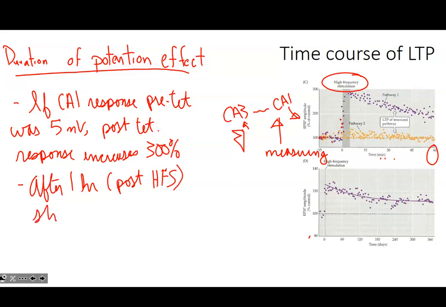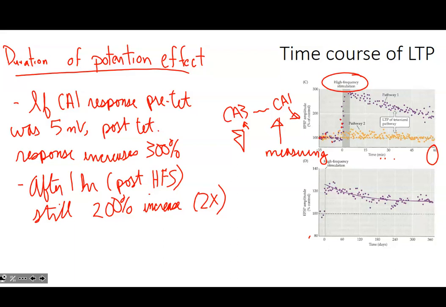There's still a 200% increase compared to controls, right? So we're still at twice as much of an effect. That is, the EPSP is still 2 times the effect that we would see under control conditions.